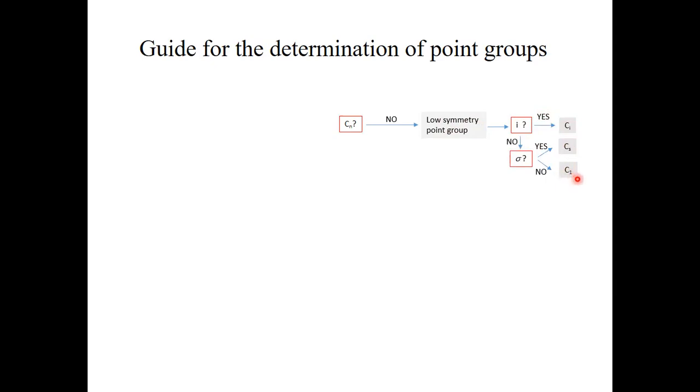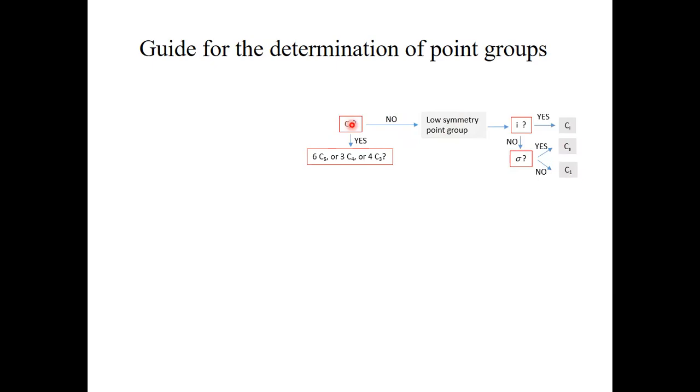Okay, so now we have basically probed for low symmetry point groups. So let us assume that the answer to our original question wasn't no, but yes, and we do have a proper rotational axis present in our molecule.